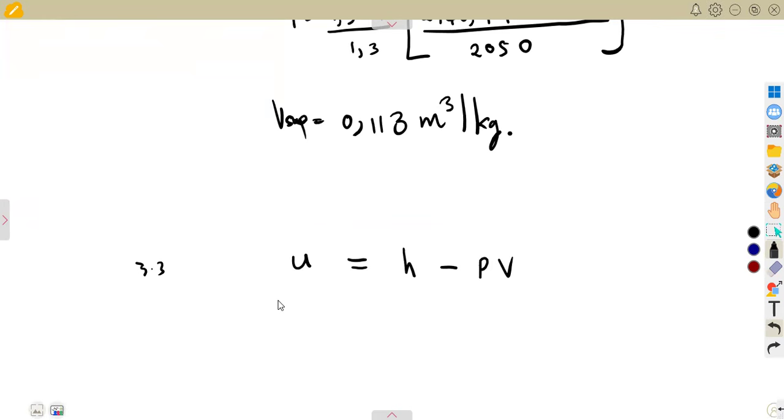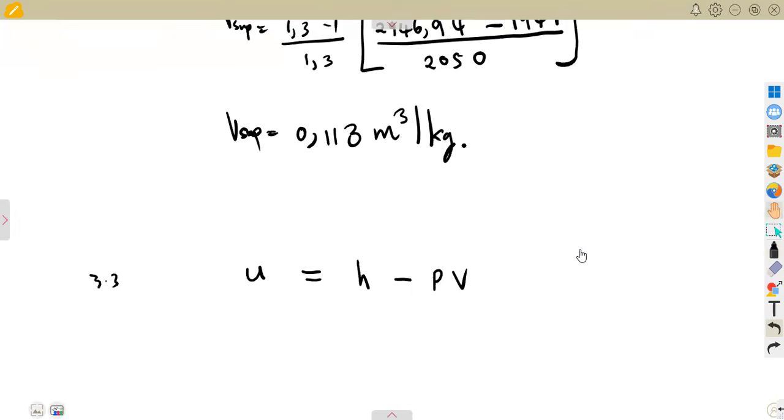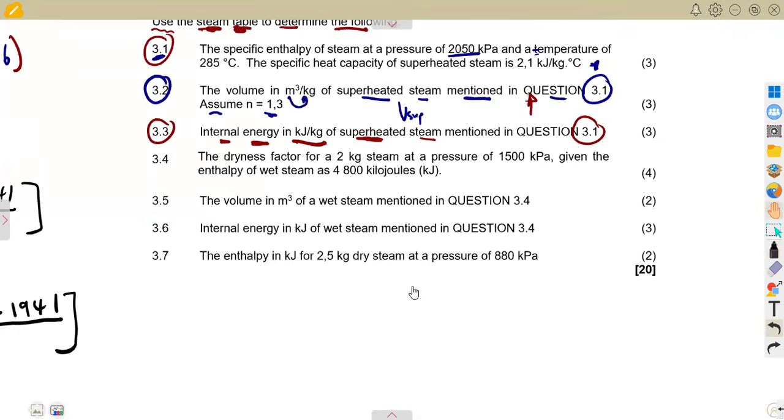When we are talking about the internal energy, if we see that there is an n, which is the index of expansion, it means this is going to be taken to another level.